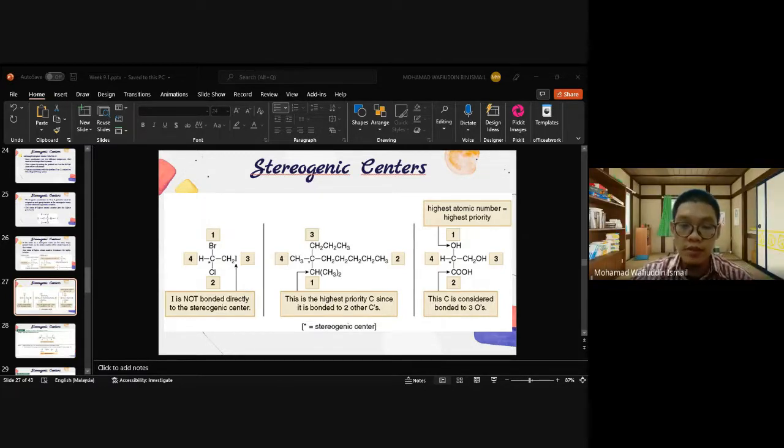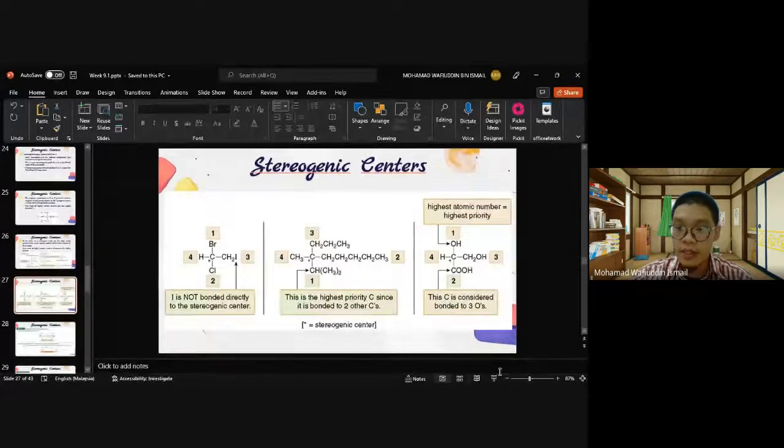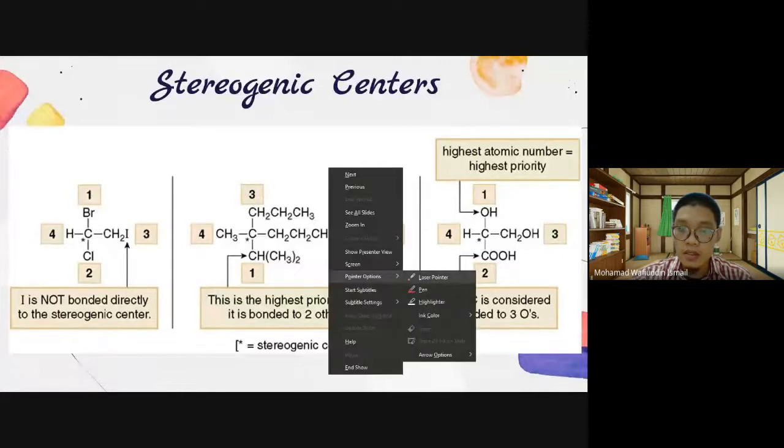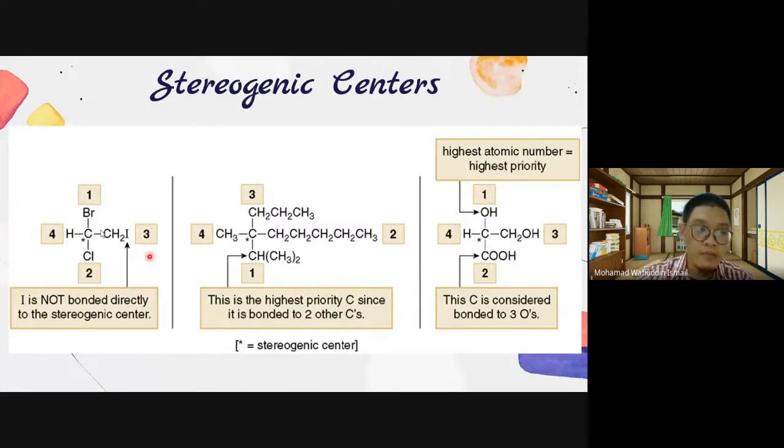Okay, sorry. Right, we continue. In this example, the bromine, chlorine, carbon, and hydrogen are one, two, three, four.